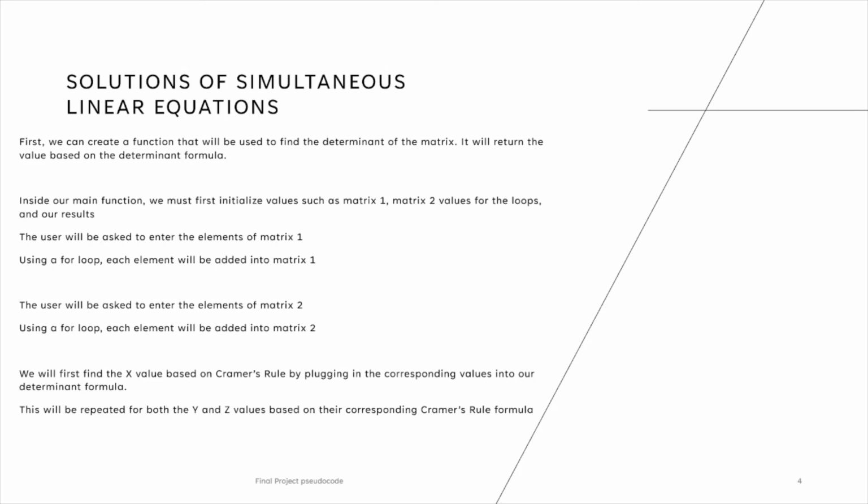To determine the unknown z value, we will find the determinant of a matrix with columns of the z variables, the y variables, and the solutions matrix. This is also known as Cramer's rule. Once this is done, we will print out our results for x, y, and z.